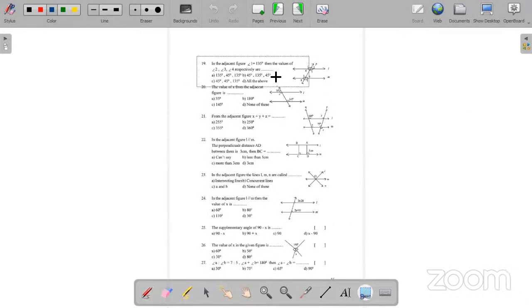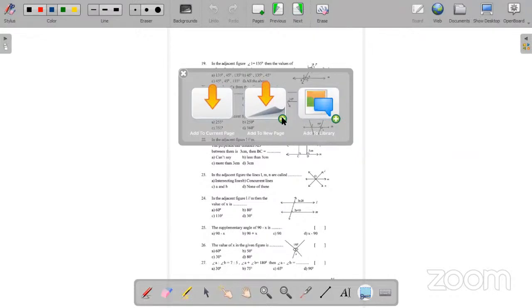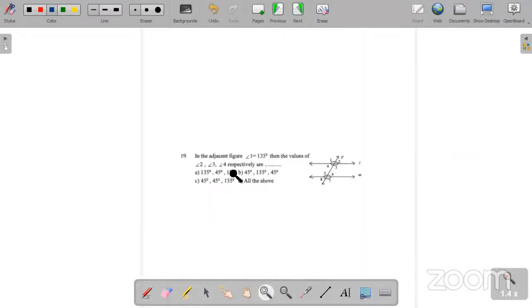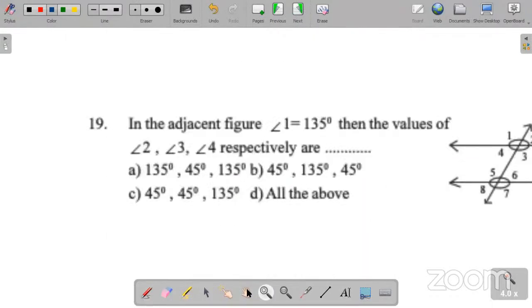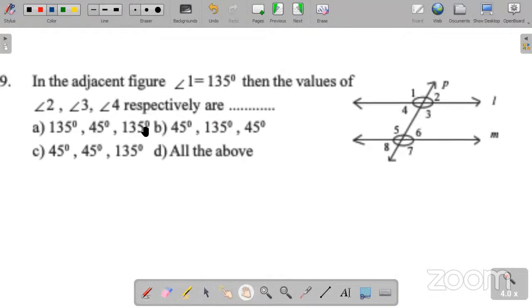This is one more question based on a figure. Try to read the figure carefully. In the adjacent figure, angle 1 is equal to 135 degrees. These two are parallel lines. Then you need to find the values of angle 2, angle 3, and angle 4.